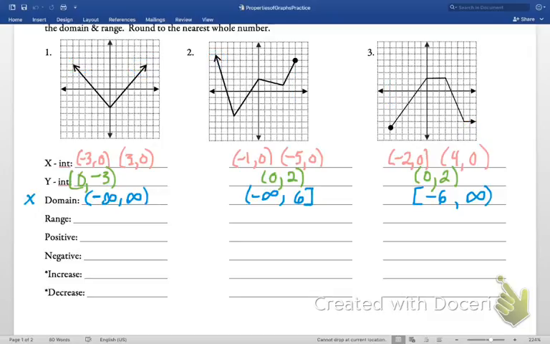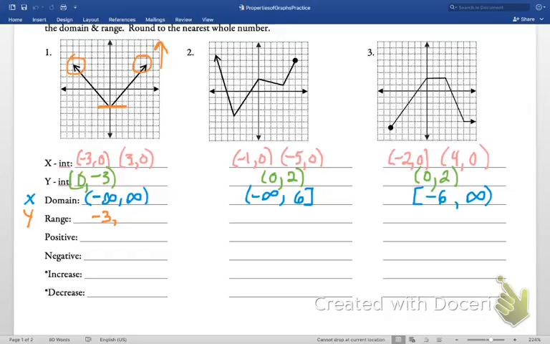Alright, now let's do our range for all three problems. So for number 1, I notice that my arrows are going up, but they don't go down. At the bottom, I seem to hit and bounce back up. So remember, range, we go from bottom to top or low to high. So the lowest point is -3 because I'm looking at my y values for range.